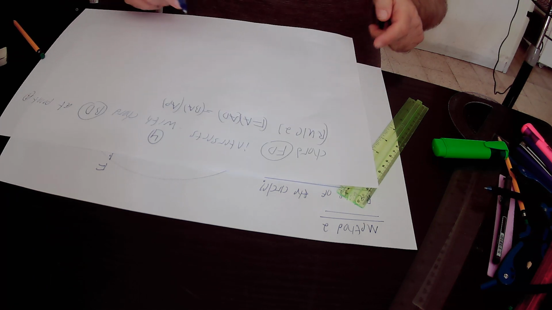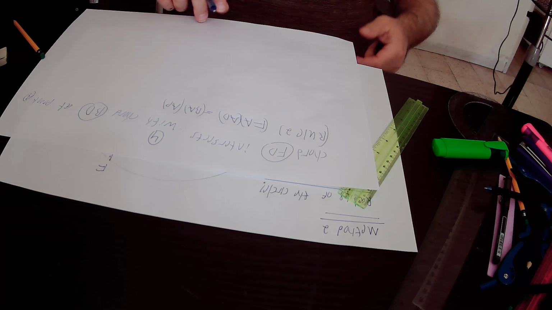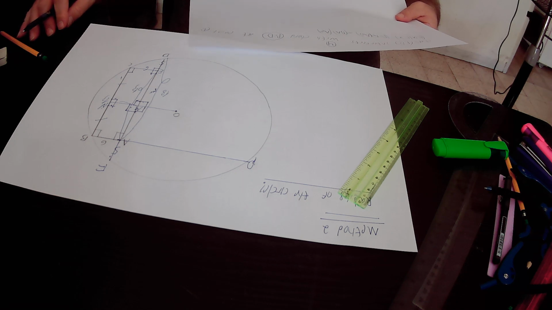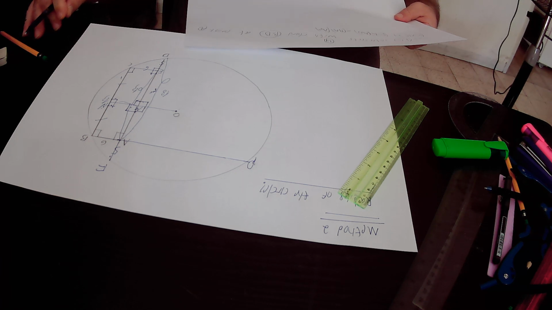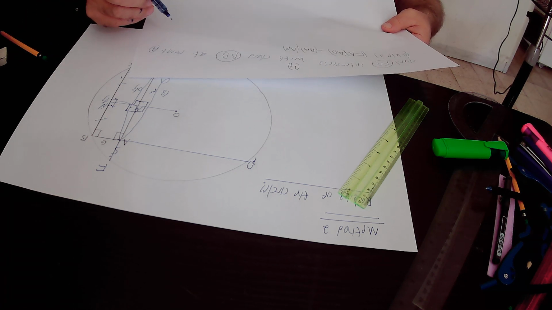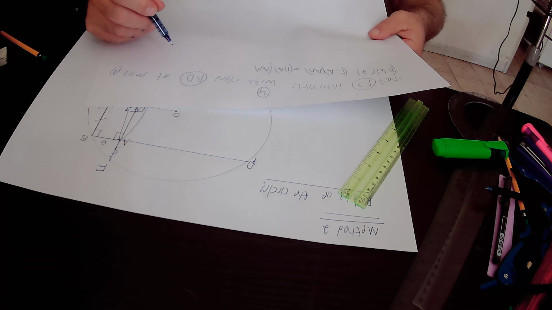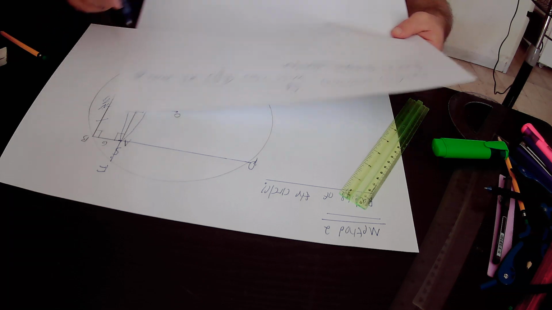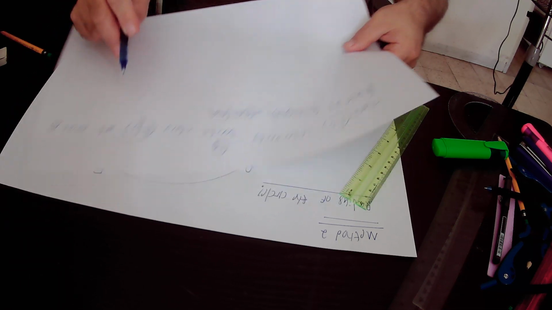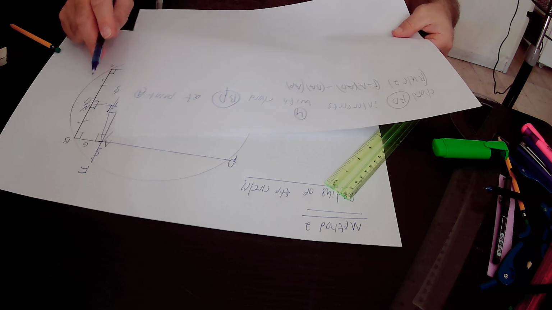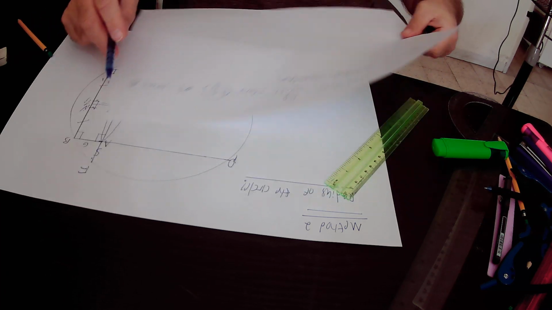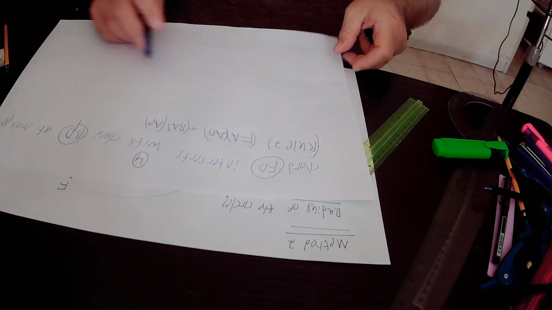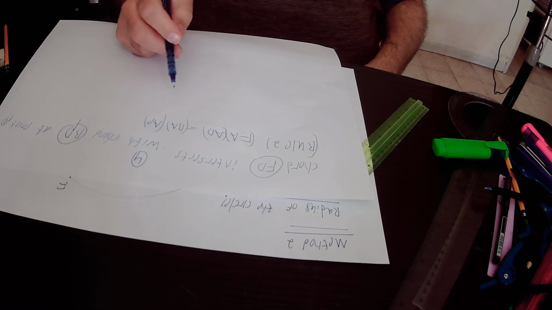Again, chord FD intersects with chord BP at point A. Therefore, according to rule number 2, FA times AD equals BA times AP.